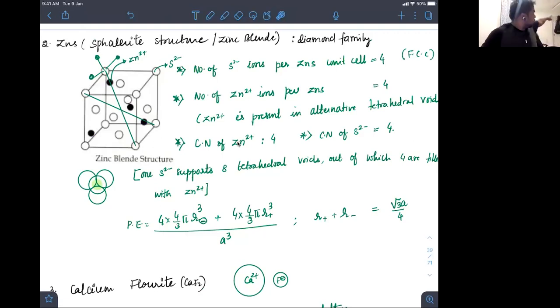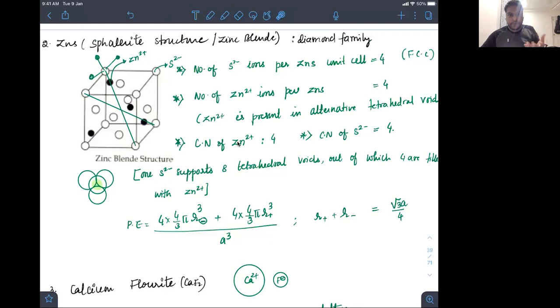If one zinc is found on this particular close-by corner, and if you draw the body diagonal, then somewhere here there should be one more tetrahedral void, but here zinc is not found. On one body diagonal, only one zinc is found.